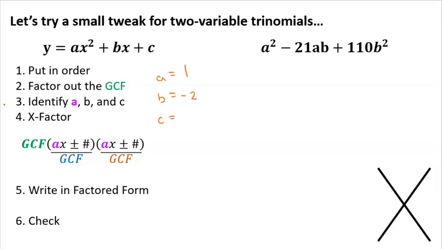1, negative 21, and 110. That means 110 is going to go on the top, and negative 21 on the bottom. We've got 1 and 110, 2 and 55.